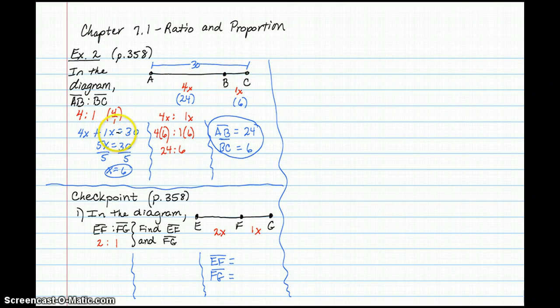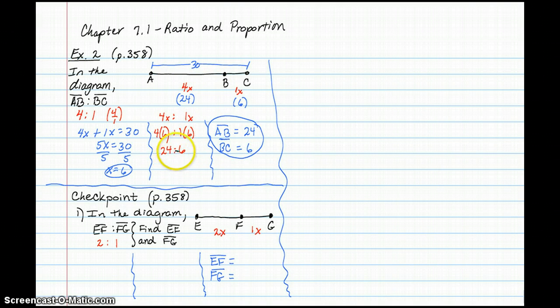So 4x plus 1x equals the whole length of the segment, 30. Combining like terms, 4x and 1x is 5x, equaling 30. Divide both sides by 5, you end up with x equaling 6. So that means that BC is 6, because 1 times 6 is 6. And then AB is 24, because 4 times 6 is 24.